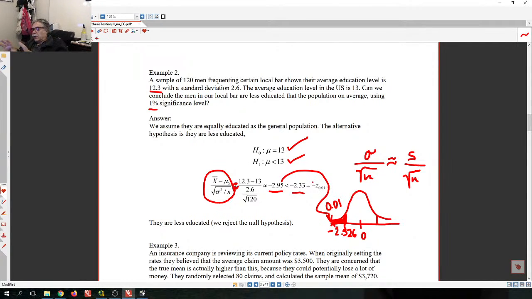So what we have here is a rejection of the null hypothesis, which also means that the assumption that these guys attending this bar are equally educated as the general population, which would be 13 years of education, is not true. They are less educated than the average person in the population.